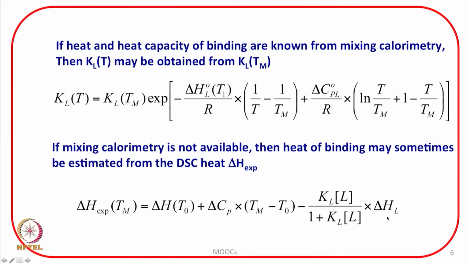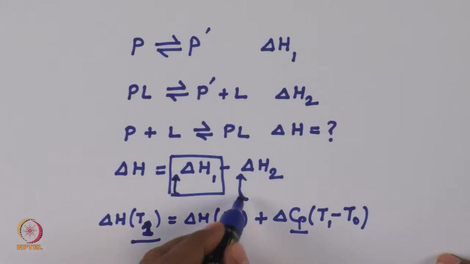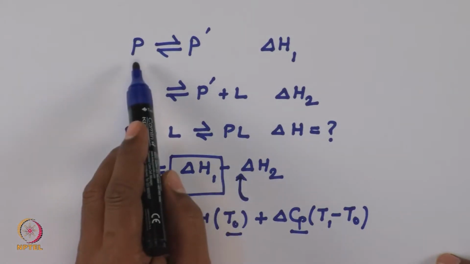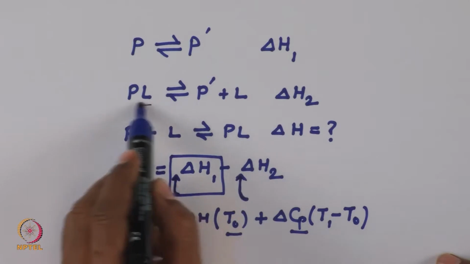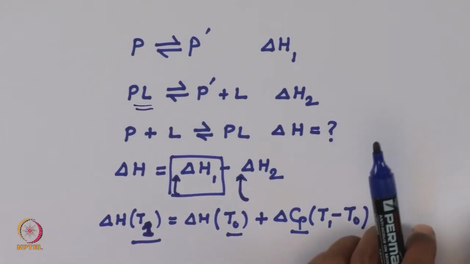Let me go back to this slide. I was saying that we need to put fraction over here and fraction over here, and here we are assuming that the protein is completely unfolded, and here we need to put the unfolding of the protein, the fraction which is ligated. How do we get that?